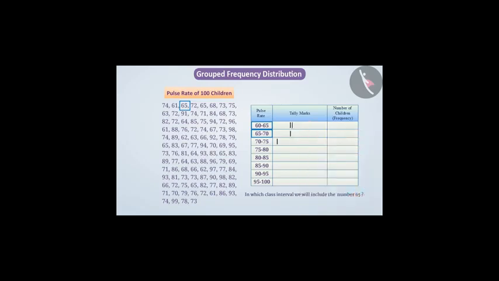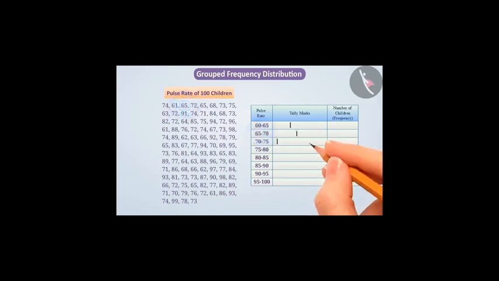But if it is included in both, then it will be counted twice, which is wrong. To avoid this, we follow convention. The common or overlapping observation between two intervals is considered in the higher class interval. In this way, we will include 65 in the 65 to 70 class interval.